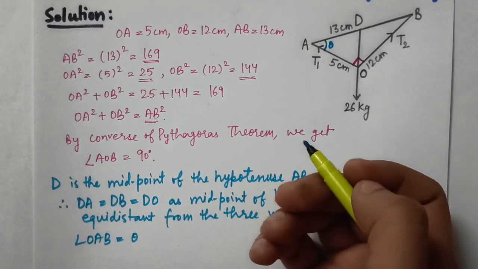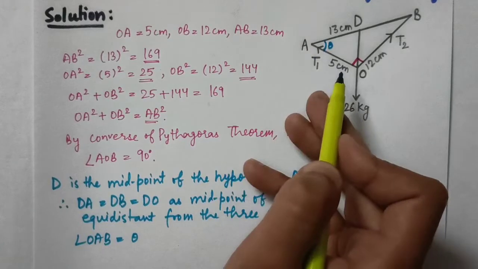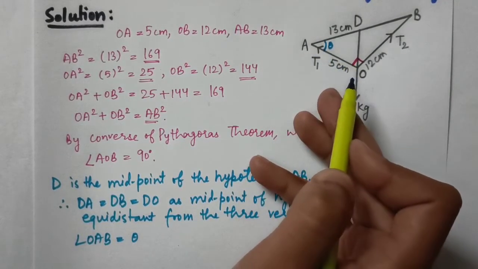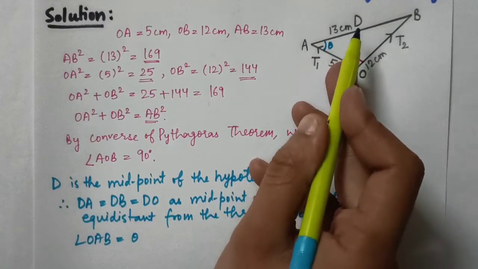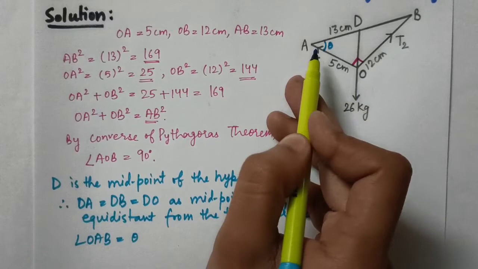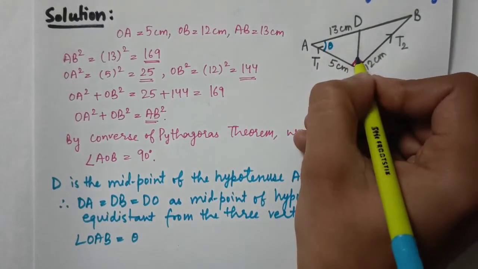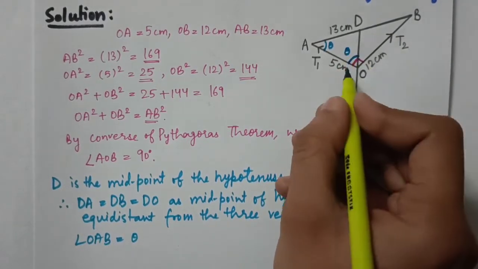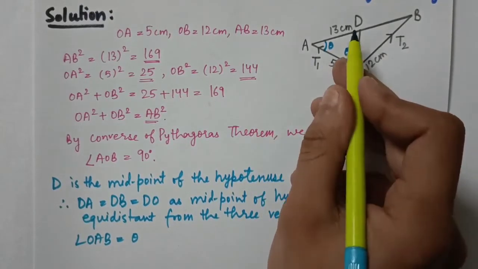Just listen carefully: the angles which are opposite to the equal sides are also equal. So these are the two equal sides, and what is the angle opposite to this side? This angle. And what is the angle opposite to this side? This angle. So these are also equal, which means that this angle, angle AOD, is also equal to theta.